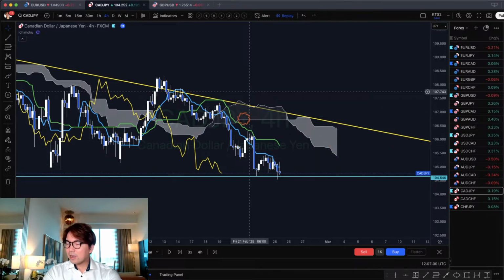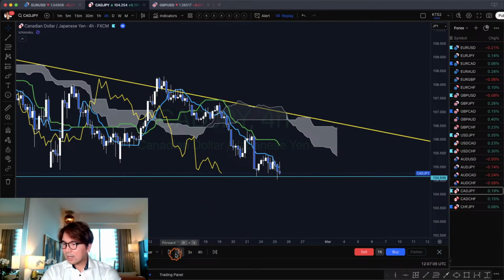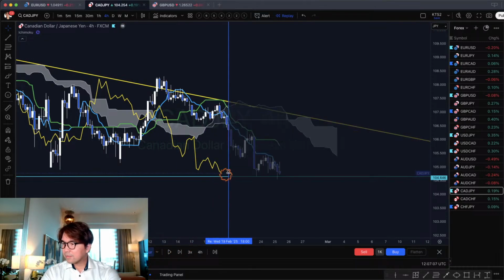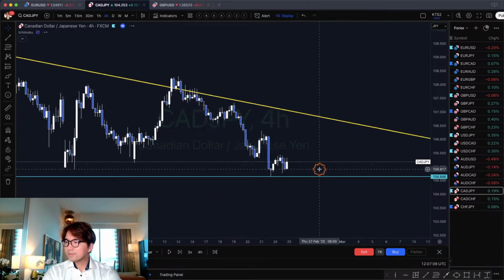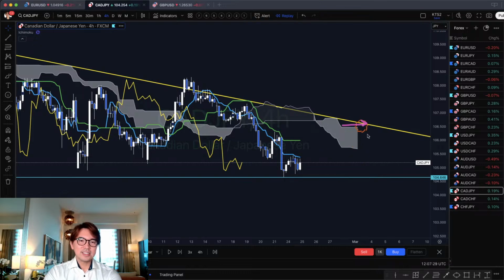If I bar replay to a bit before, let's say here, you see that the Kumo is flat. Senkou Span A was gradually down, but not so strongly, and Senkou Span B has been flat. So I would say this is still a flat Kumo in this case.